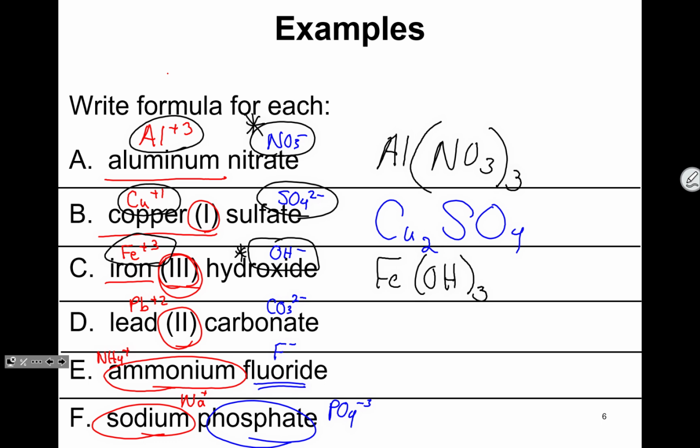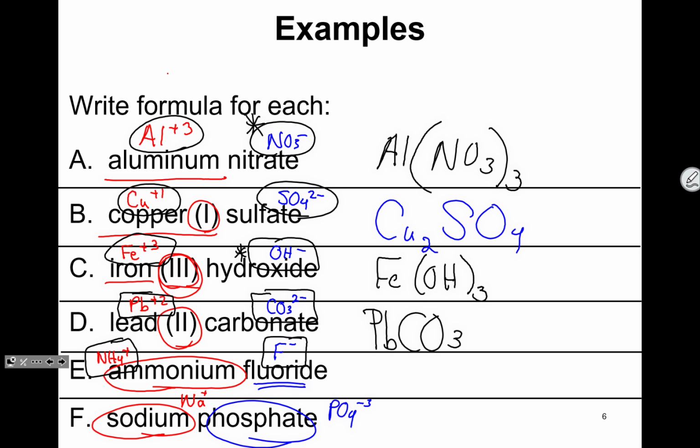Next one. Here we have +2 on the lead and a -2 on the carbonate. And so in a 1-to-1 ratio, charge is balanced. So that's just PbCO3, no parentheses needed because there's only 1 carbonate. Ammonium fluoride, here we have +1 on the ammonium and -1 on the fluoride.